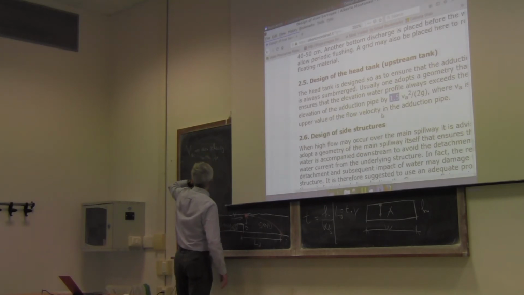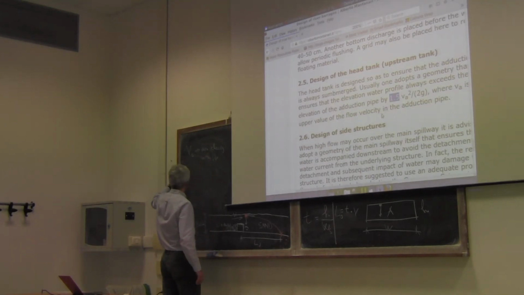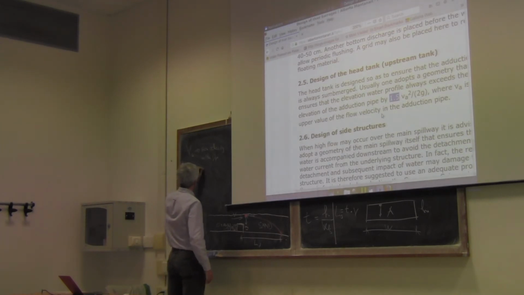Once we know VA, the mean submergence should be 1.5 VA squared divided by g.